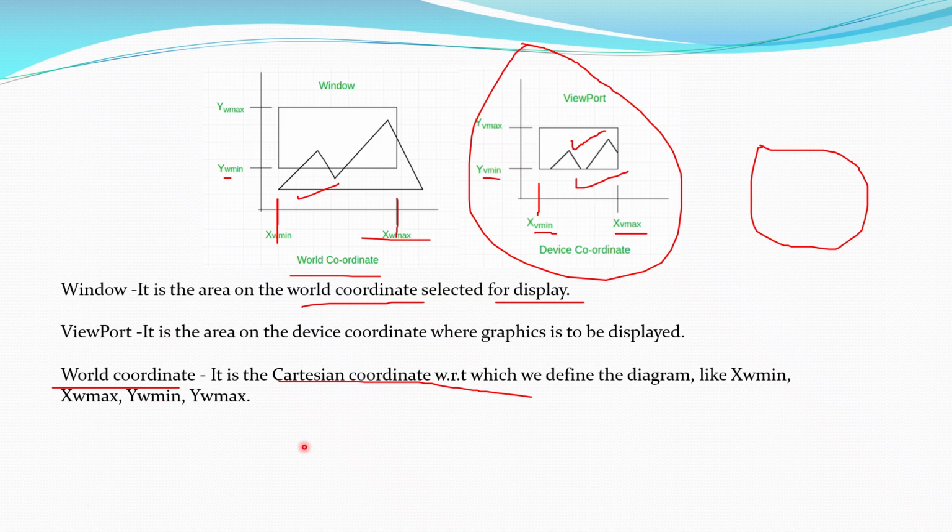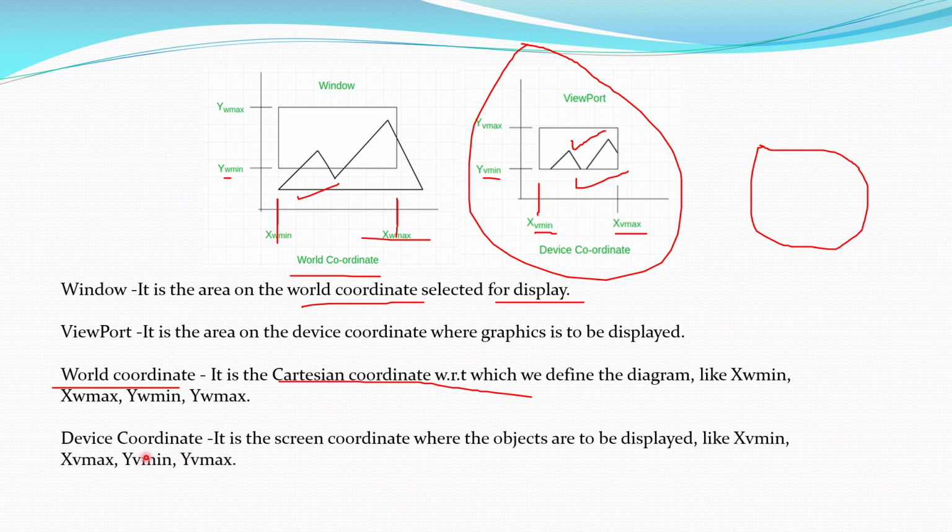This gives you a screen. Device coordinates are the screen coordinates where the objects are to be displayed, like xv min, xv max, yv min, yv max.